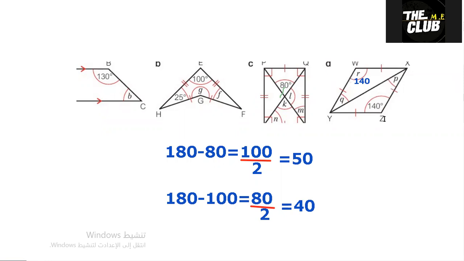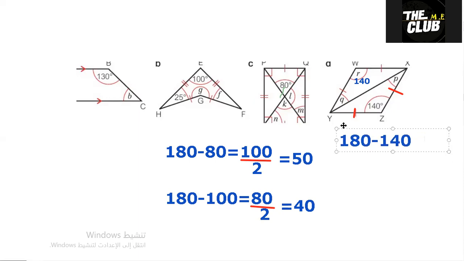Now, after finding this angle, we can find the base angles of each isosceles triangle because they are the same. P and Q are the same. So we're going to find one of them and the other one is equal to it. So we say 180 minus 140, which will give me what?